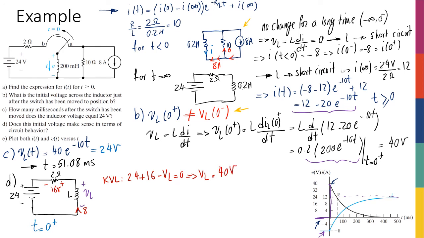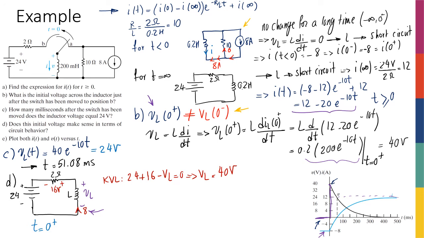But this doesn't mean that I violated the rule that VL at 0 plus and 0 minus are not equal. No, I still used the fact that I know the current of the inductor at t equal to 0 plus. I still used my golden parameter and tried to find the voltage from there.